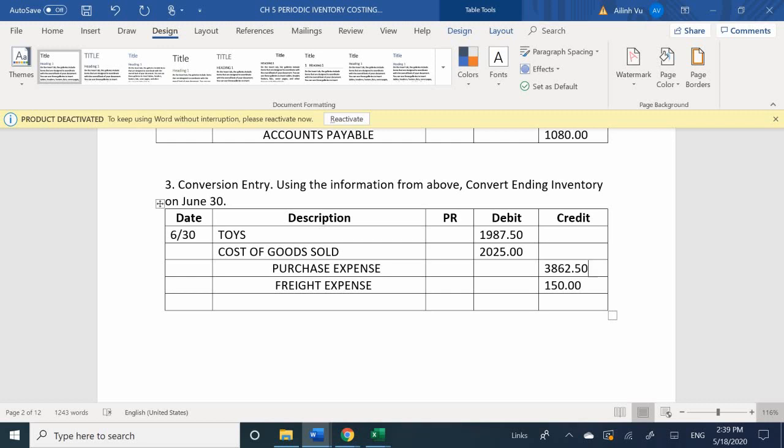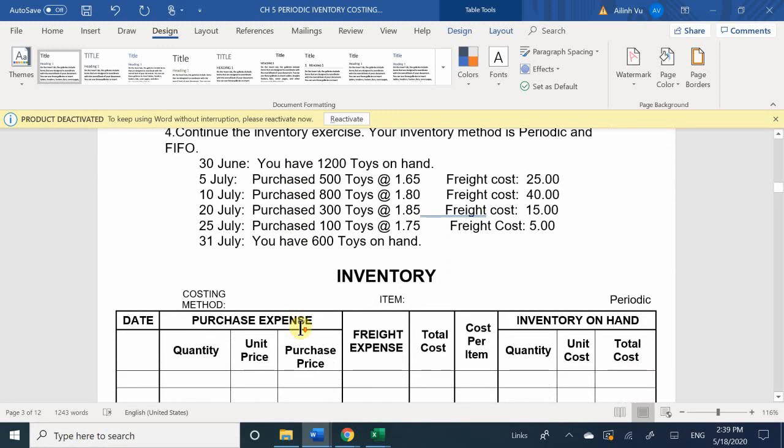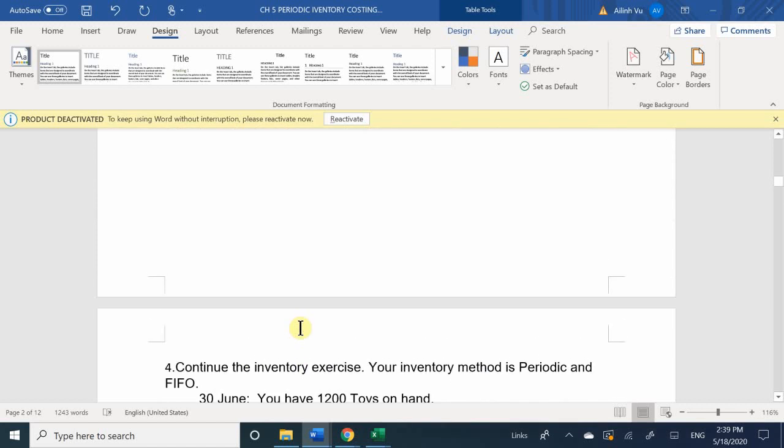Let's try to finish up the last section, and then we'll go on break. Okay? So the next question is going to, actually, no, let's take a break real quick. Right now it's 2:40.